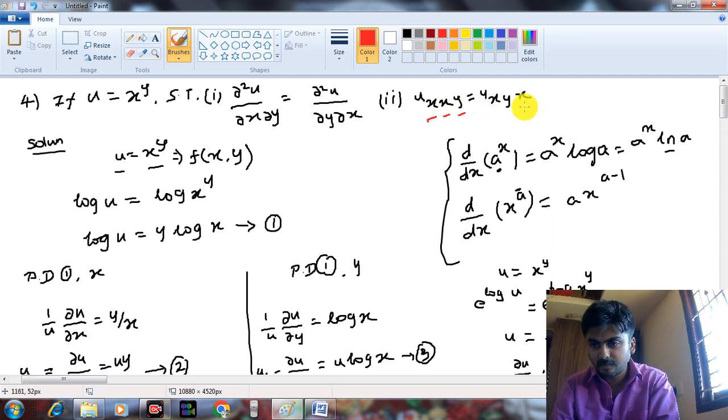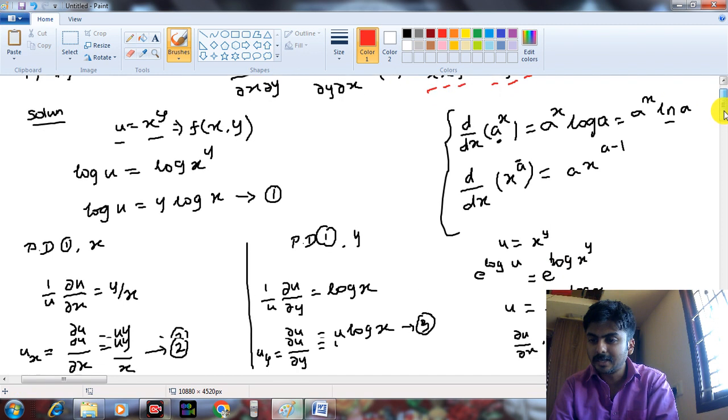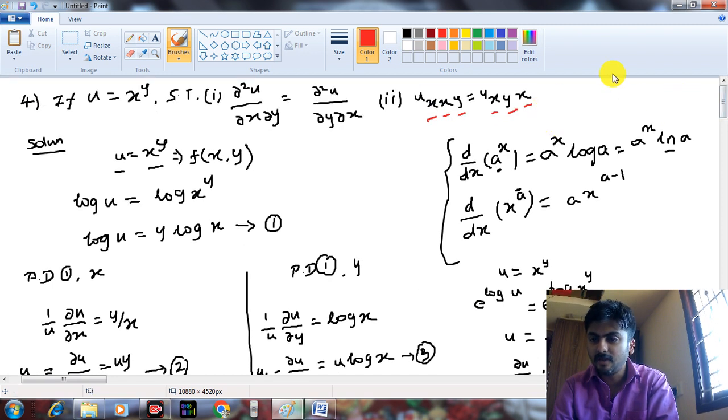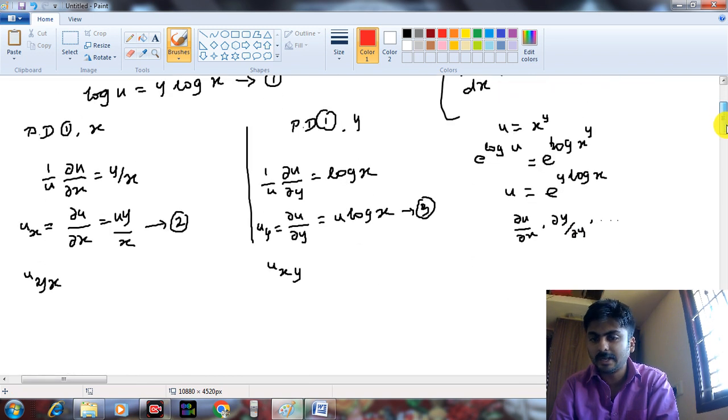Here we are differentiating u with respect to x. After that we are differentiating ux with respect to y to get uyx, and after that we are differentiating this uyx with respect to x. Okay, so that is the way we are giving notation in the format of ux, uxxy and uxyx. Okay, you have to get a clear idea about that.